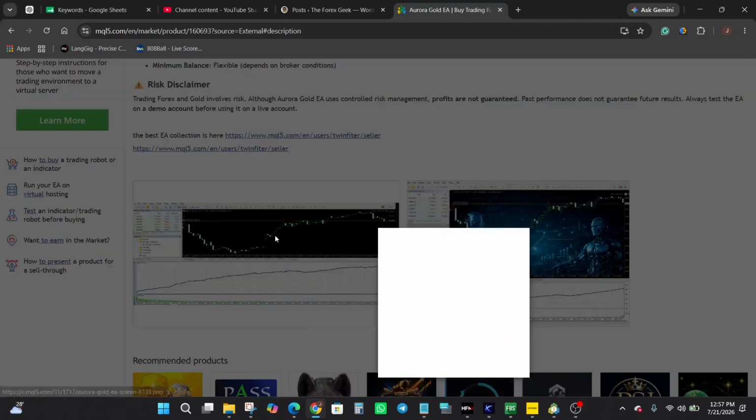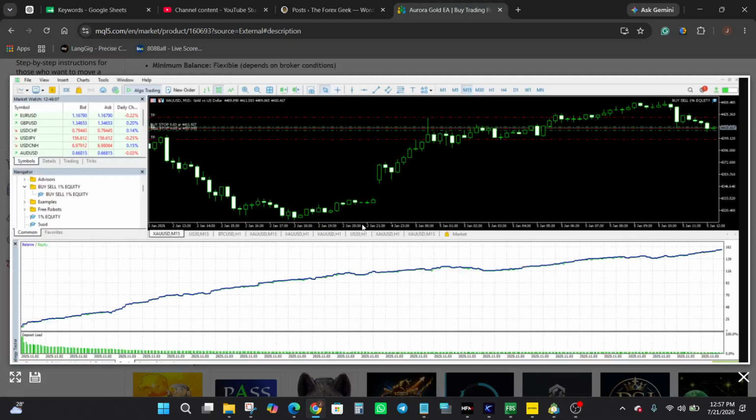Based on what I can see here, this doesn't exactly show detailed strategy reports, just shows the balance and equity curve. The balance and equity curve here looks pretty smooth. There doesn't seem to be sharp drawdowns since the equity and balance are very close to each other, almost tied to each other.